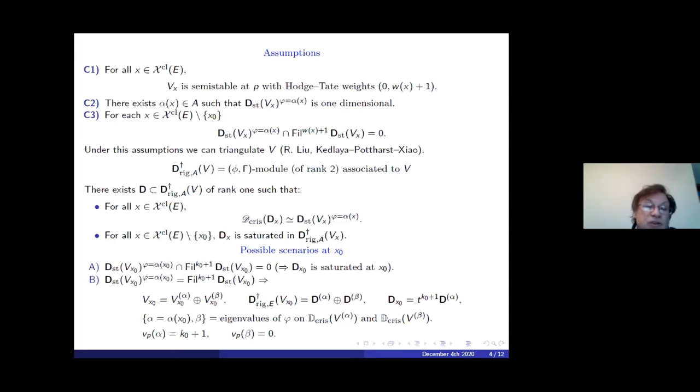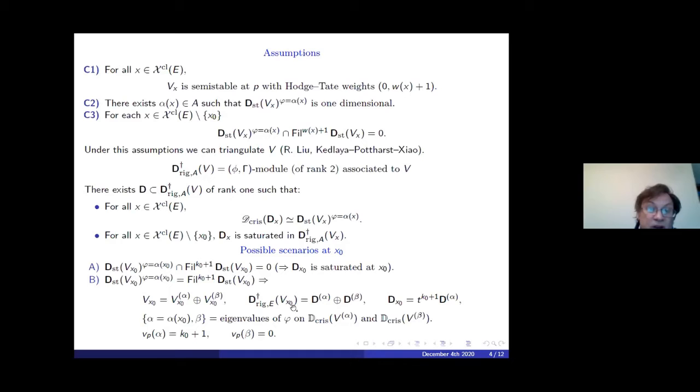It decomposes into the direct sum of two representations of dimension 1, which corresponds to the two eigenvalues of Frobenius phi acting on the semi-stable module. So we have this decomposition.